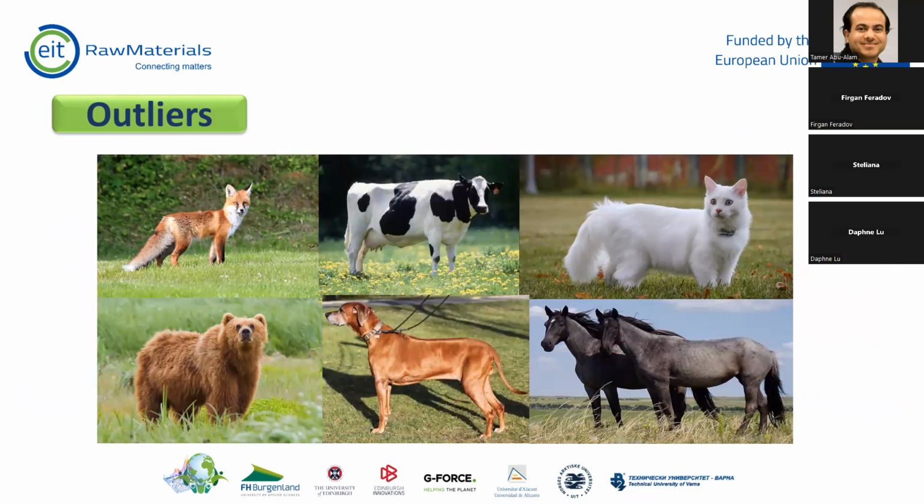Here is another example with our data and our model creation. Here you see I don't have only dogs and cats, but bears, foxes, cows, horses. All of these animals are mammals.